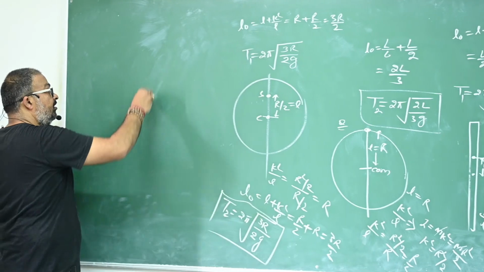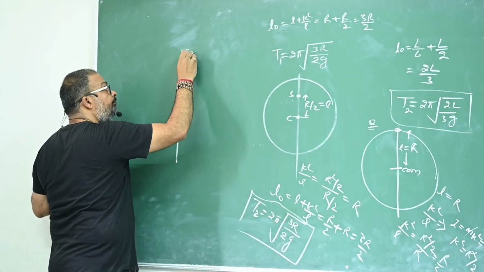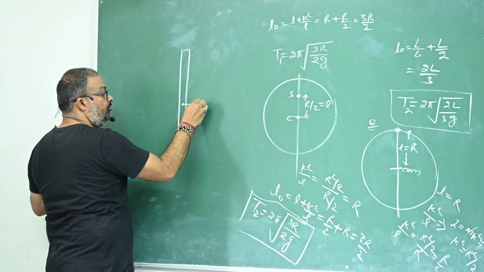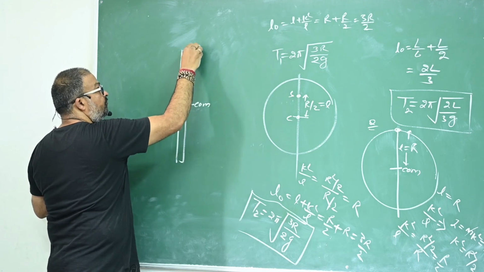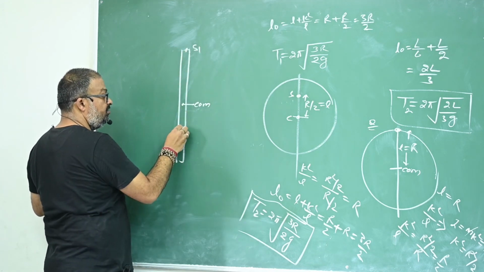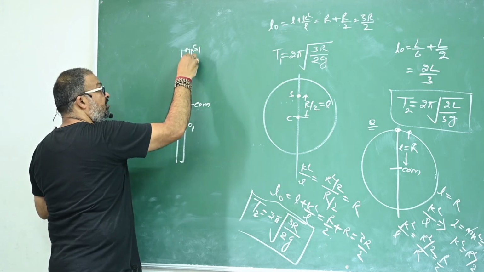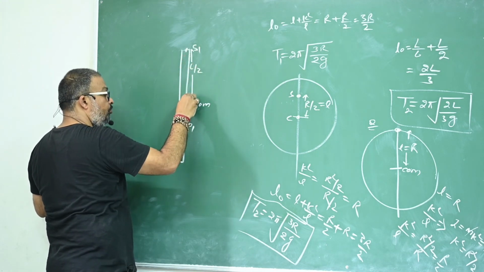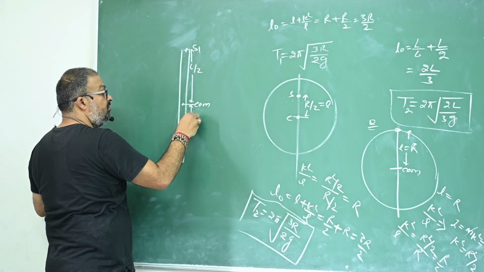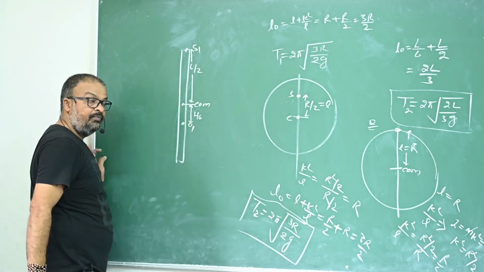That means when we talk about a rod, this is the center of mass, this is the point of suspension S1, and this is its point of oscillation O1. S1 is at a distance L by 2 and O1 is at a distance L by 6.